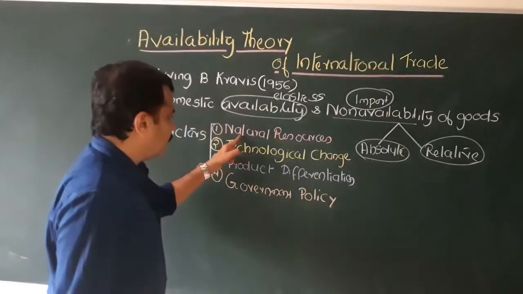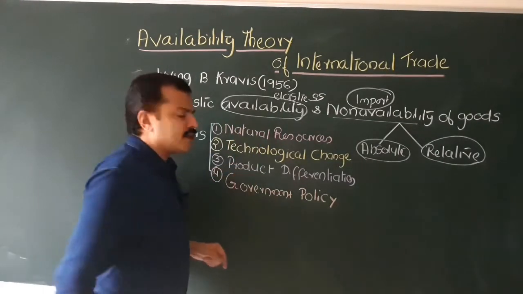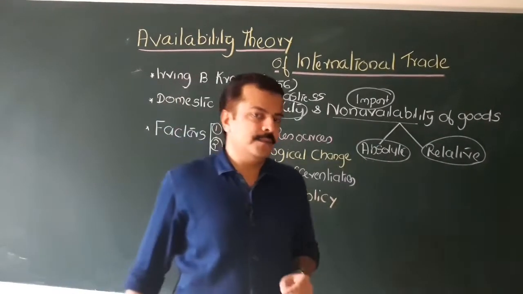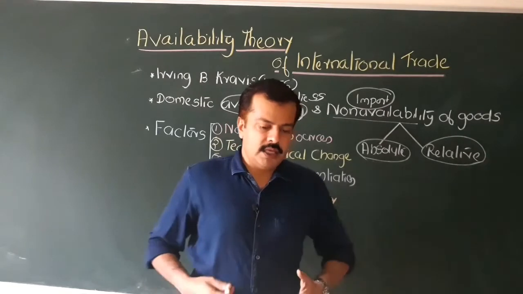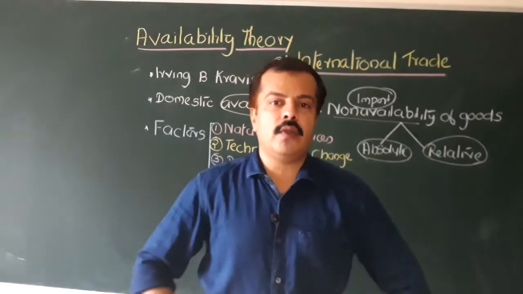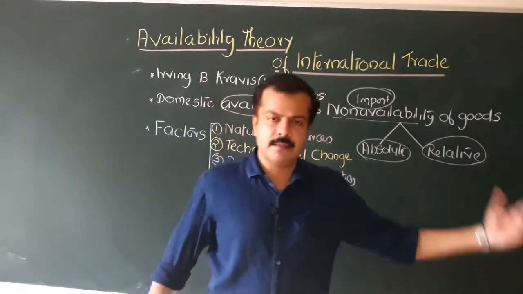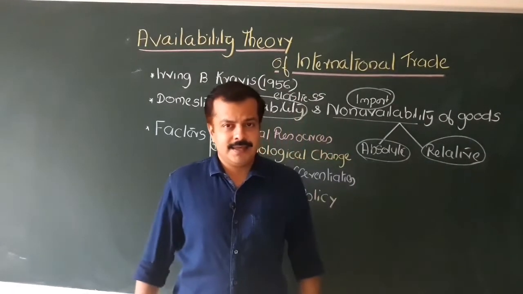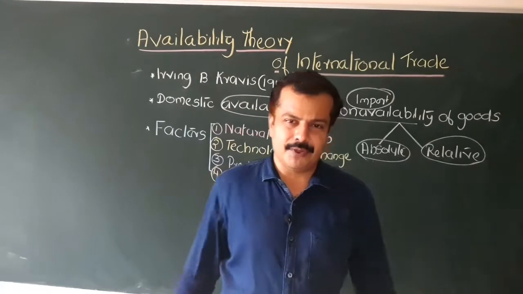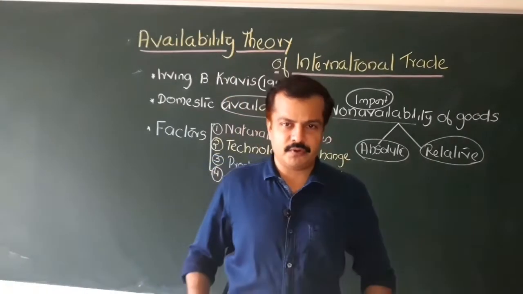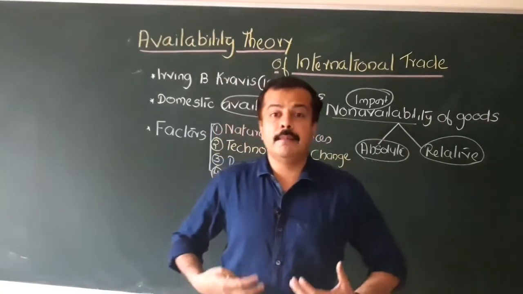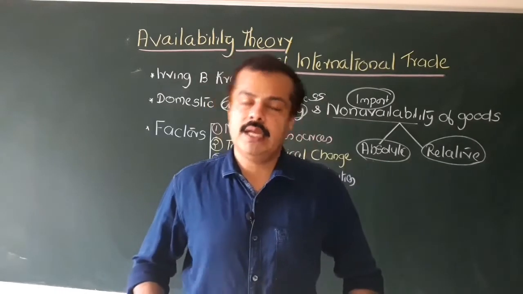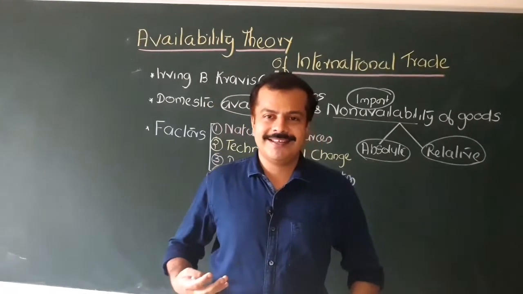Now, for Kravis, natural resources play a key role, because if a country is well endowed with natural resources, for example mineral resources, this country will be able to produce a lot. Basically it's a factor endowment approach, a comparative advantage approach. If a country has an abundance of natural resources, it will tend to export.